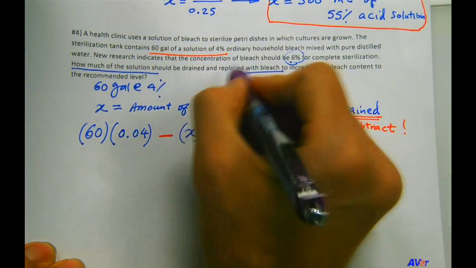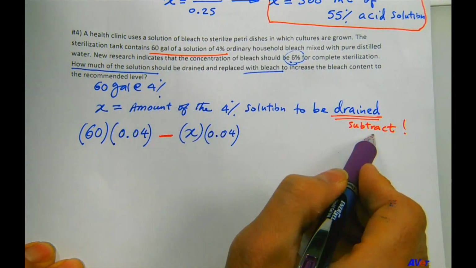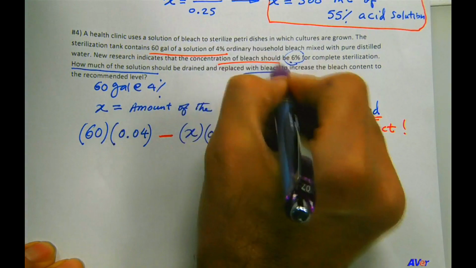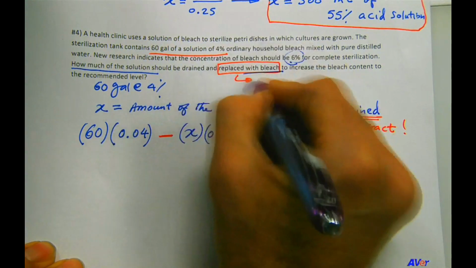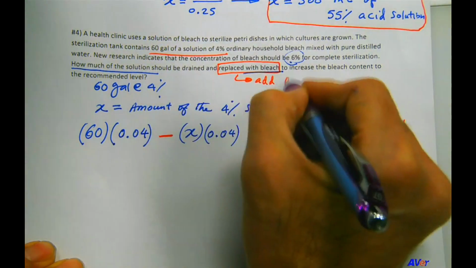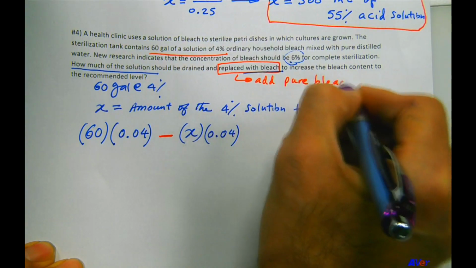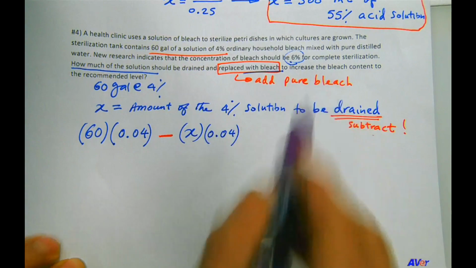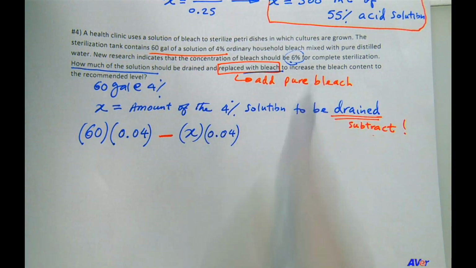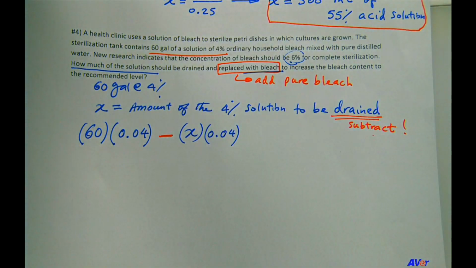Drained, I just said, means subtract. Replaced with bleach. So add pure bleach. Right? Pure bleach is 100%, 1.0, right? When you convert 100% to decimal form, you get 1.0.